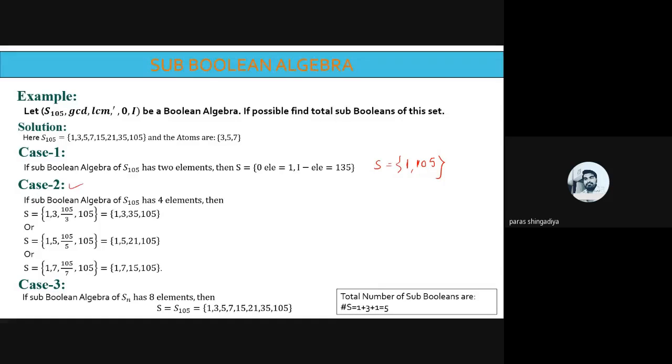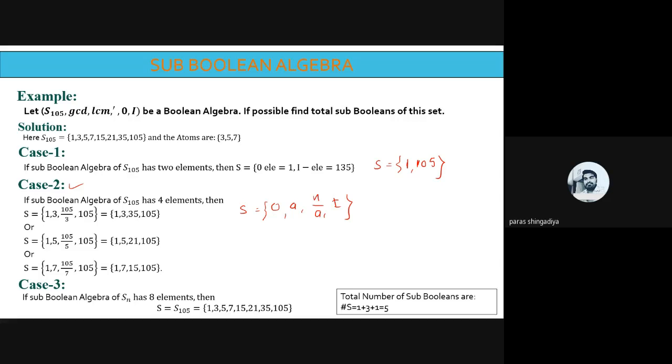Then case 2, we'll identify the sub-Boolean algebras which contain 4 elements. The formula we have is S is equal to the 0 element, then a, where a is an atom, n by a, and I. We have 3 atoms right now, so use them one by one. Let us consider a equal to 3. The answer will be 1 comma 3.